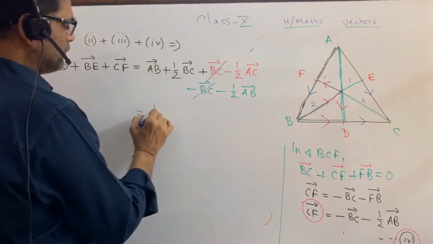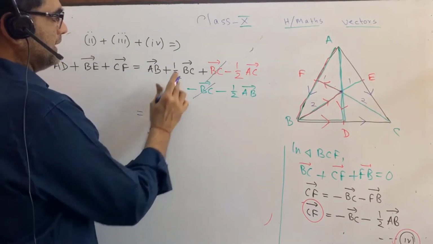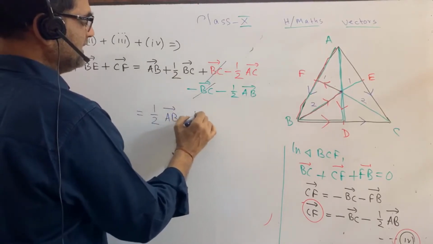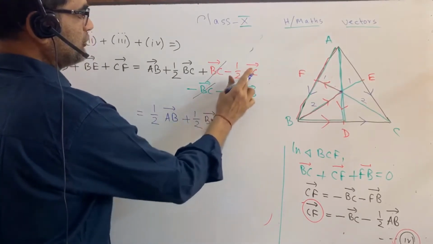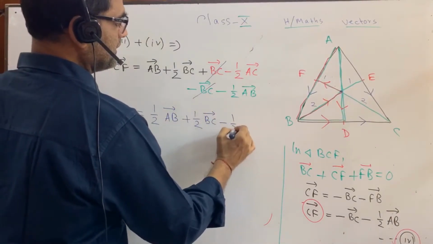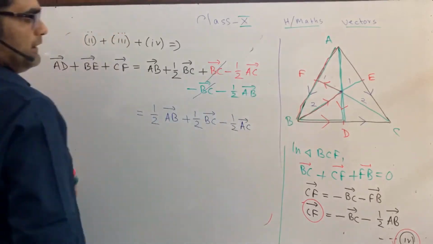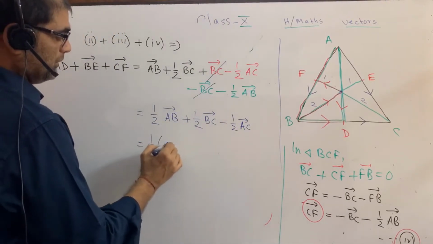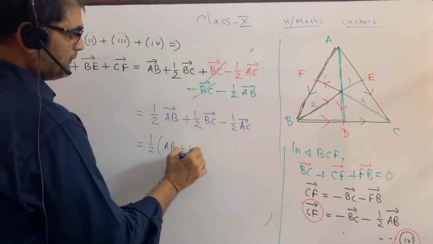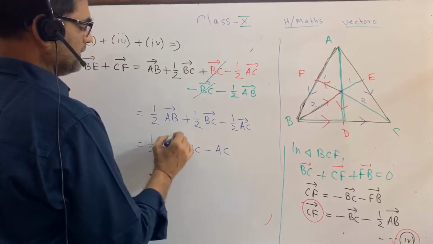We are left with only half AB. This is half of BC, and this is minus half of AC. Now we can take half common and we will be left with AB plus BC minus AC.